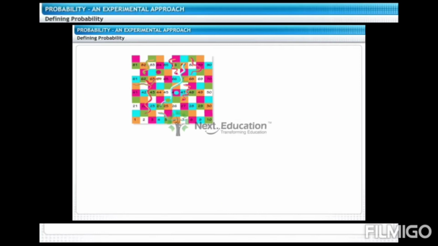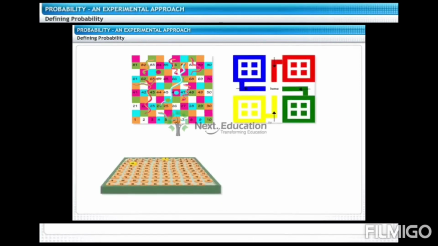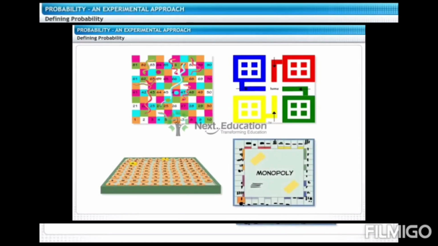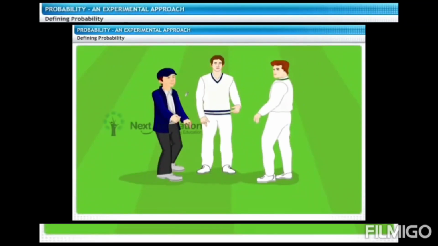Remember the different board games such as Snakes and Ladders, Ludo, Tombola, and Monopoly. You must surely have played these with your friends. All these games involve probability. What about the popular game of cricket? It begins with the tossing of a coin, which involves probability.